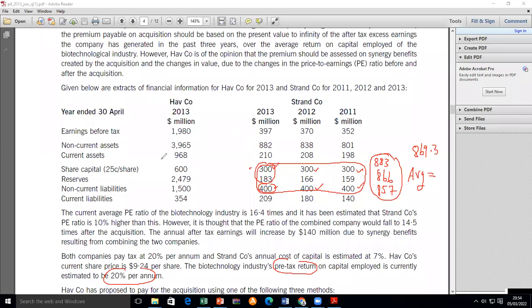Okay. Multiply by 20% of that. Get 20% of this figure. What do you get? 173.87.